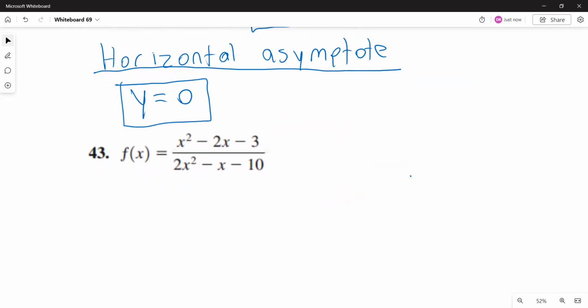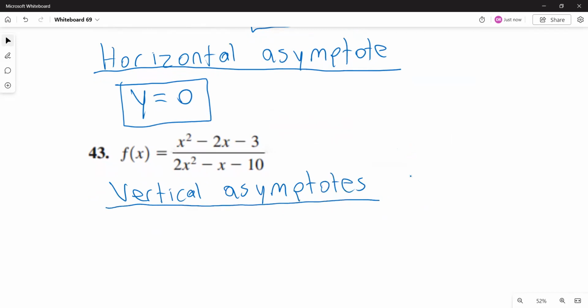So let's start with the vertical asymptotes. We let the denominator be 0 and solve for x.